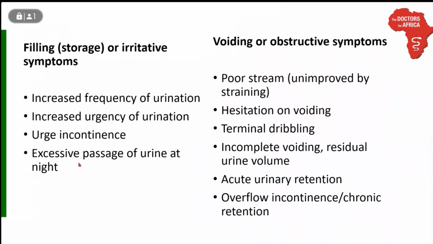Voiding or obstructive symptoms are a poor stream, unimproved by straining, hesitation on voiding, terminal dribbling, incomplete voiding, residual urine, or acute urinary retention. There might be overflow incontinence due to chronic retention.